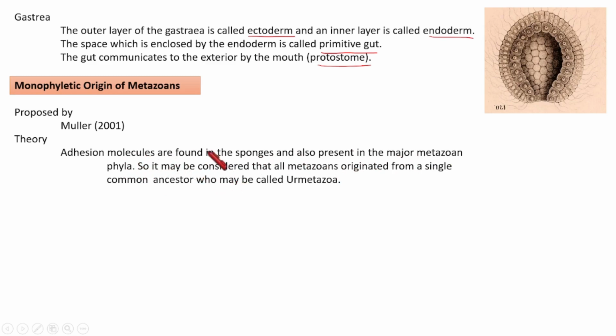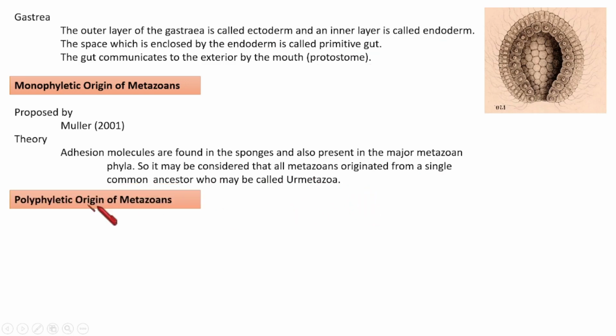As the same molecule is found in all metazoan phyla, it is considered that all metazoans originate from a single common ancestor, and that ancestor we can call Metazoa.